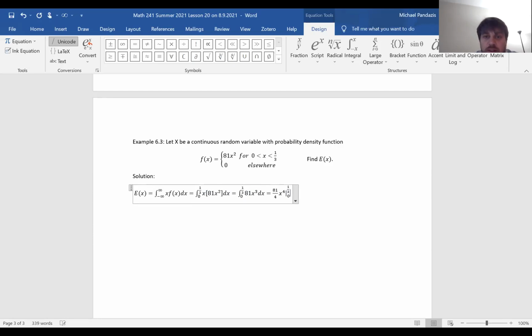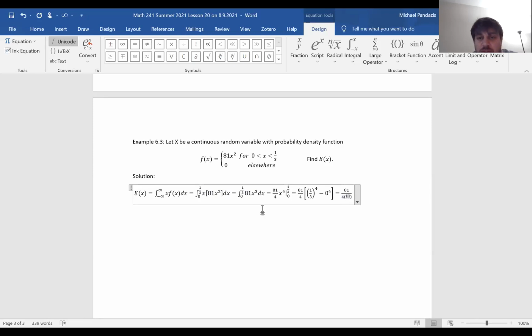Okay. And so this is 81 over 4 brackets. And so this is 1/3 to the 4th power minus 0 to the 4th power. And so then that's equal to 81 divided by, and you have 4 already there.